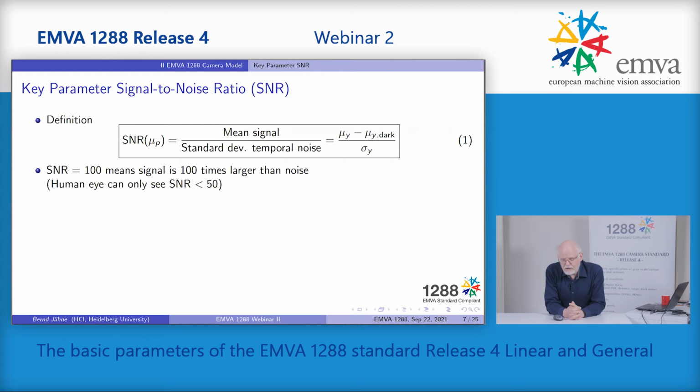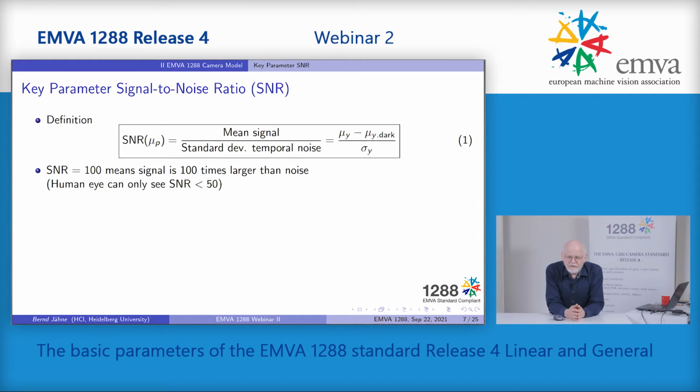And the mean signal, of course, only the photon-induced signal is of importance, and this is why we subtract from the mean output signal the mean dark signal, which we can easily measure by applying no radiation to the camera. So all these things can be measured, and also, of course, the standard deviation of the temporal noise can be measured. This is simply mean signal divided by standard deviation.